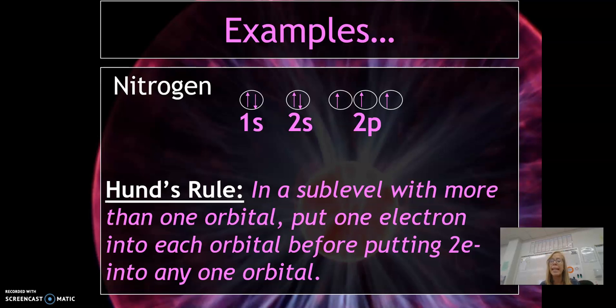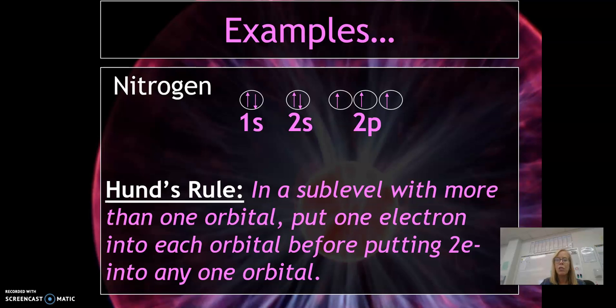Hund's rule says in a sublevel that has more than 1 orbital, and you'll remember the p's have 3 orbitals, the d's have 5 orbitals, and the f's have 7 orbitals, you will put 1 electron into each orbital before putting a second electron of opposite spin in any one orbital.